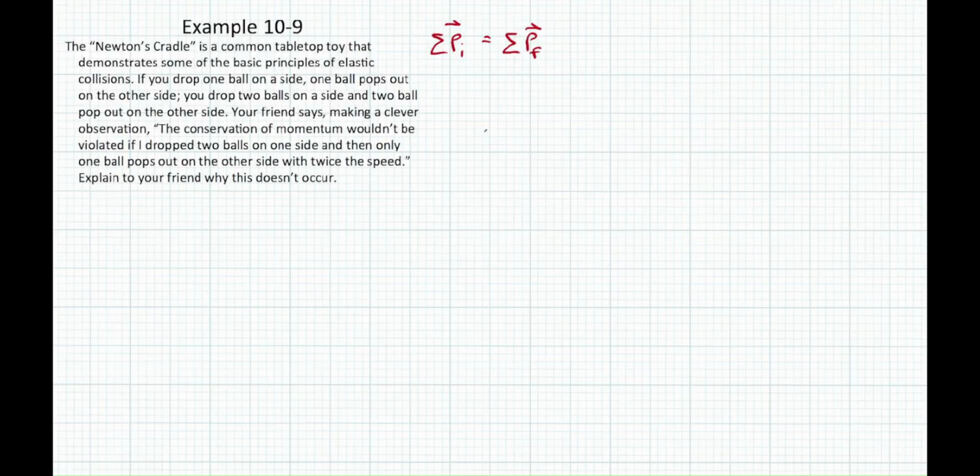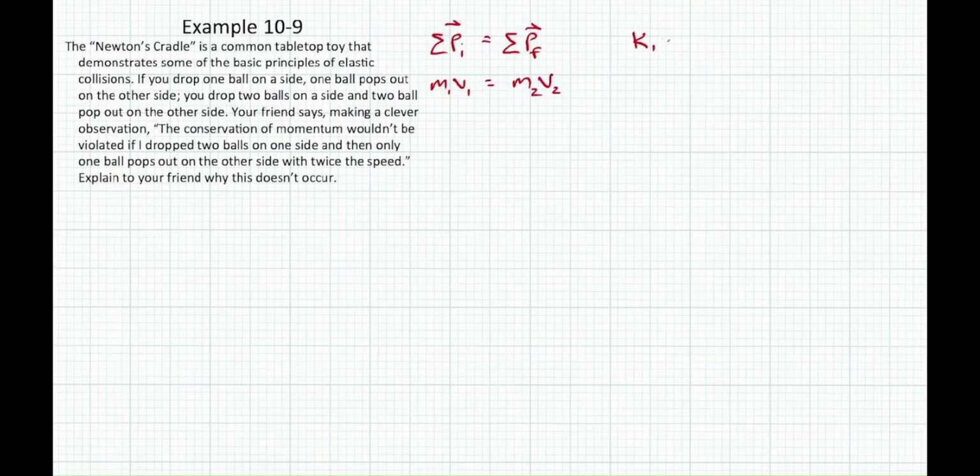Momentum is conserved. That's like saying m1 v1 equals m2 v2, or m final v final. Now usually mass doesn't change, rather velocities do change, but that's at least the principle for momentum. The momentum is conserved. But what is also conserved in elastic collisions is energy, kinetic energy.